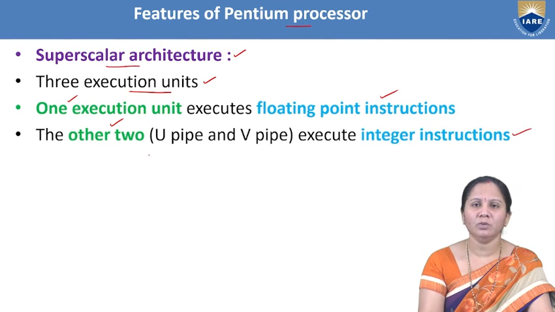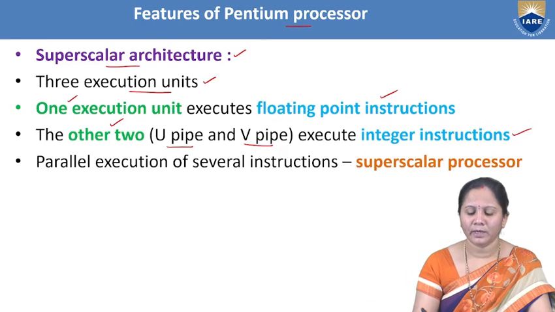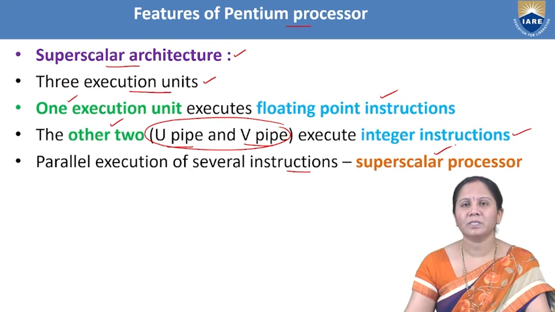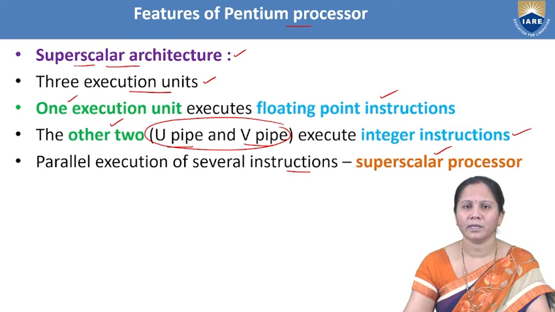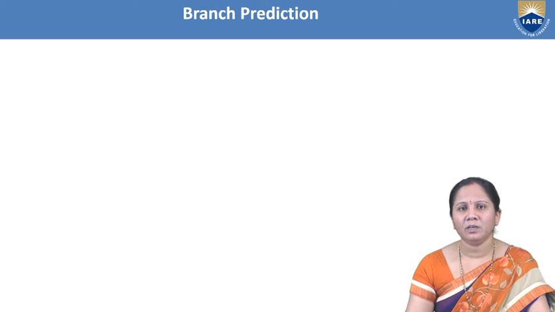These 2 execution units are the U pipe and the V pipe, which support the 2-level pipeline mechanism, giving parallel execution of several instructions. That is why we call it a superscalar processor. Those are the features of Pentium processor.